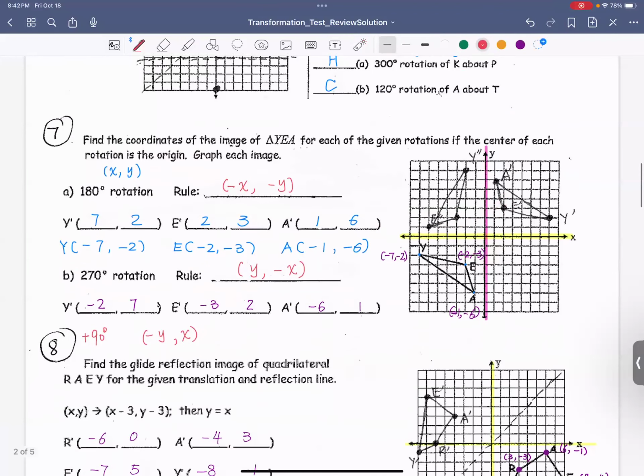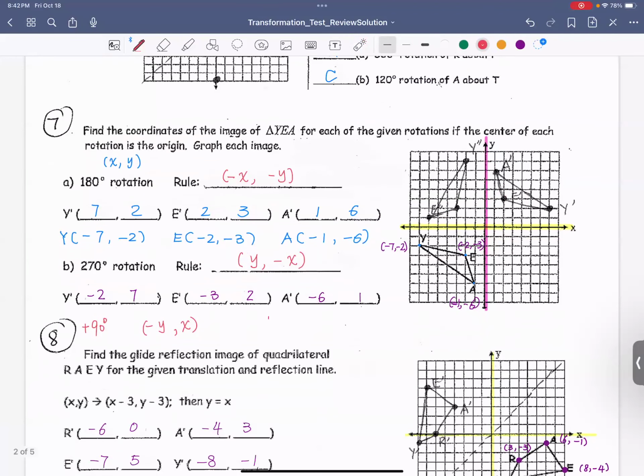If you are asked, for example, 90 times 5, say 450 degrees, if I were you, I wouldn't bother making myself dizzy rotating another. I will subtract 360. A whole circle is 360.